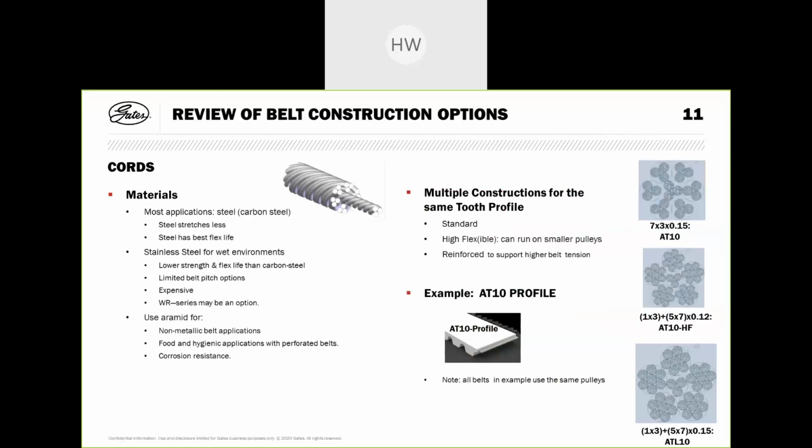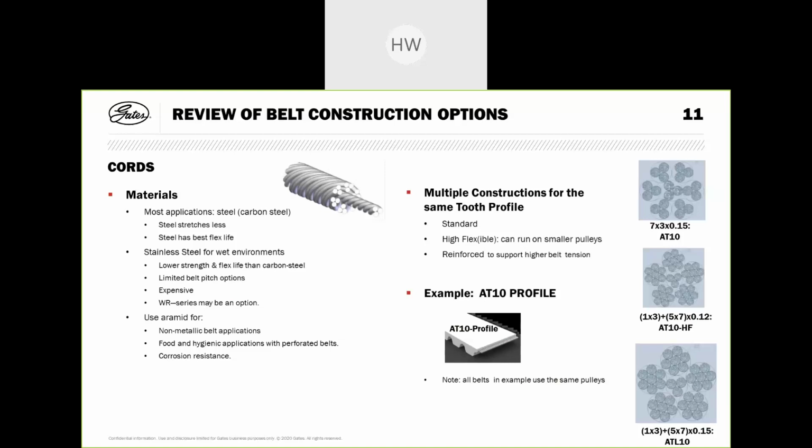That's one point, and the other application would be especially when we talk about vacuum belt, where we have to punch holes into the belt. It's nicer and easier to use aramid coated belt because punching holes in steel coated belt is a nightmare, and it's not as easy as using aramid cord for vacuum applications.